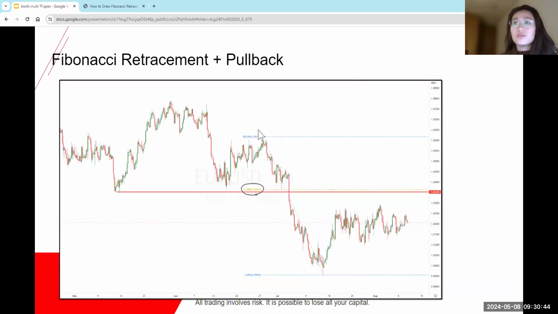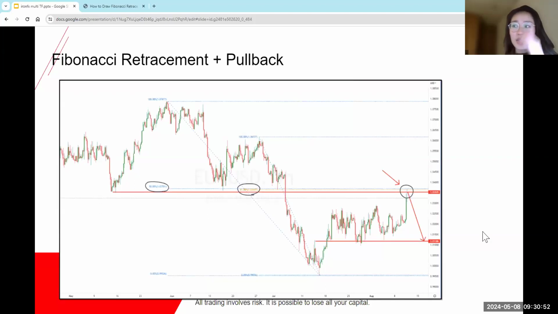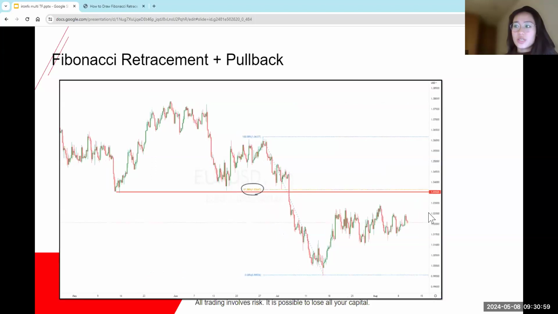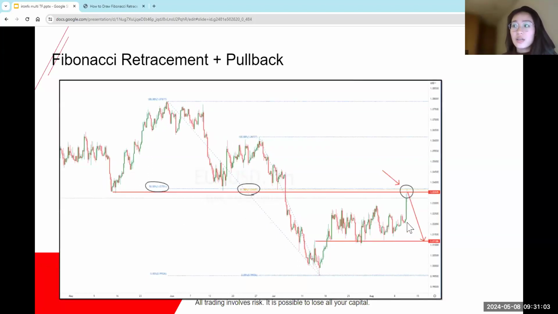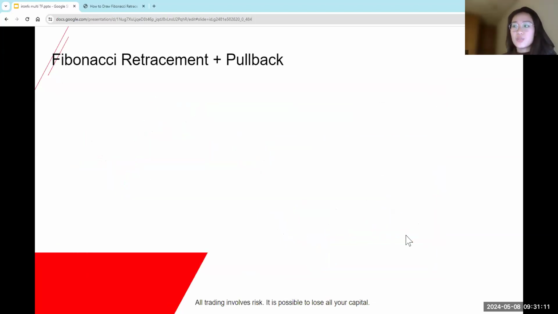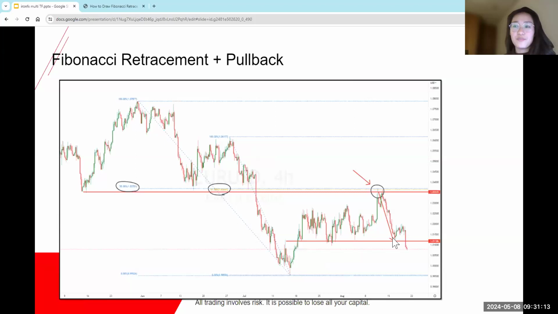Next, we have a Fibonacci retracement where our 61.8 lines up at the same level, and we have another Fibonacci retracement, 50%, lining up in that same area. So you can see this is our before, and then subsequently price hit our Fibonacci confluence as we expected, and we're expecting it to reverse back down, which it did after that.